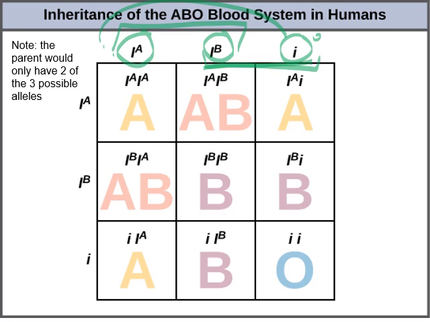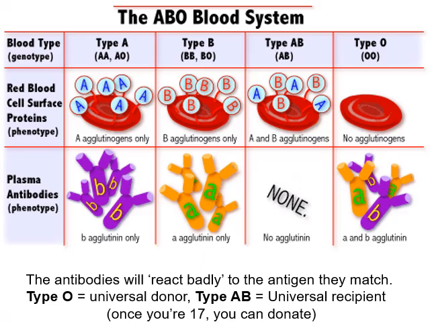Depending on the genes of the parents and how they combine, there are going to be different possibilities. If you have type A blood, this could be because you have 2 of the A versions, or because O is recessive, you could have type A blood and have an O gene.